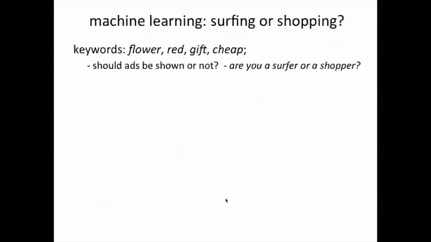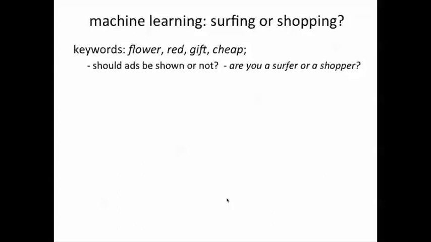One way is by looking at past history. What do people searching about red flowers normally do? Do they buy stuff or do they not? On the other hand, people searching for cheap flowers or a gift using flowers, do they buy or don't they?